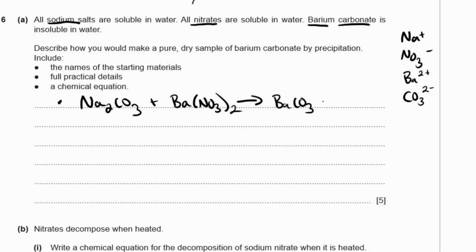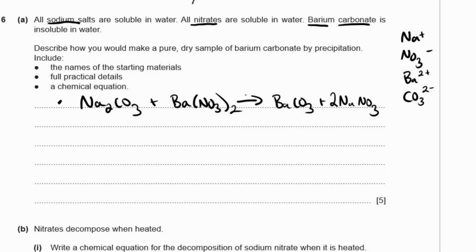All right, and then we want to end up with barium carbonate, BaCO3, and what do we have left over? We have NaNO3, and they're both 1+, 1-, so that's 1 to 1. So we have 2 Nas here. That means we need 2 Nas here. That means we now have 2 NO3s, which we have 2 NO3s here.